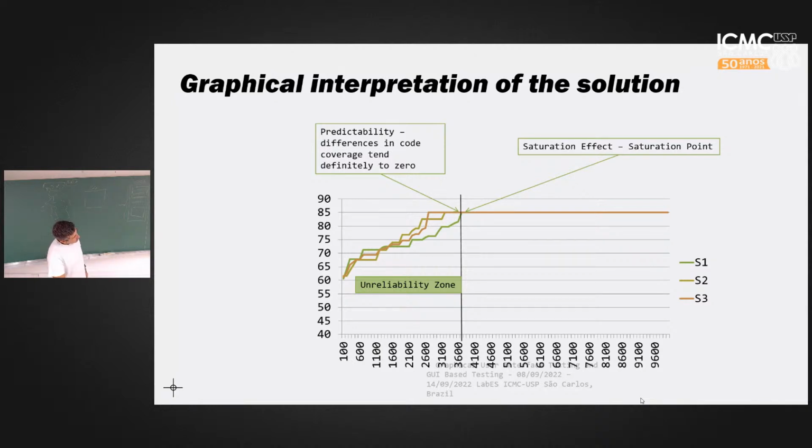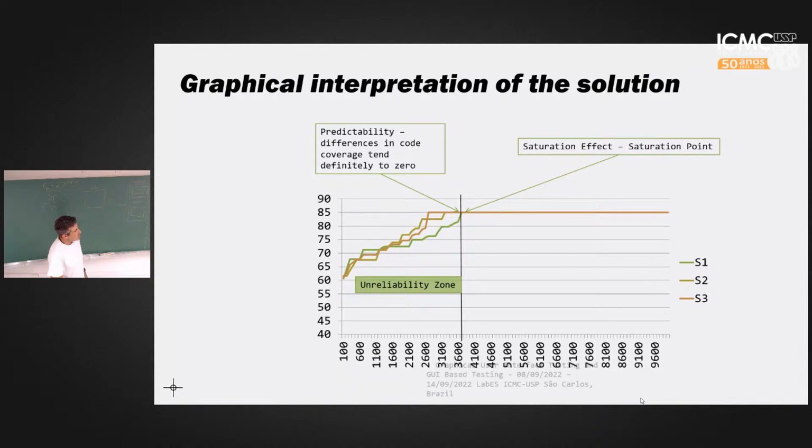If I continue here, I have a not efficient zone, because I waste time, resources, and energy. My PCs are running, so I have a cost. I want to stop here, where there is a saturation effect.